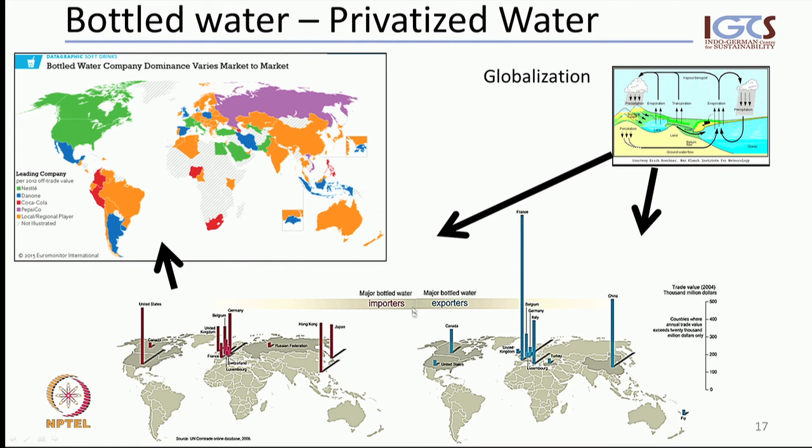Once we have those importing and exporting mechanisms in place at a global scale, then we can see a very low number of bottling companies which dominate this market, this business.